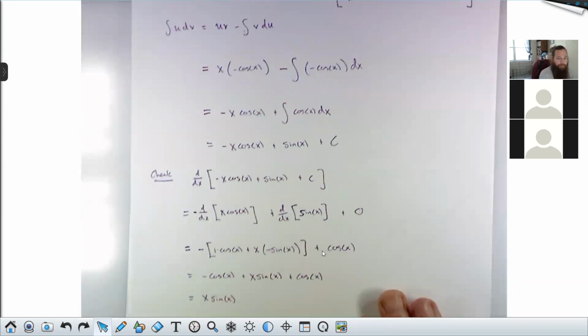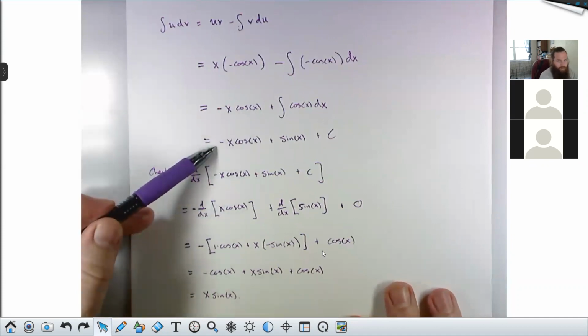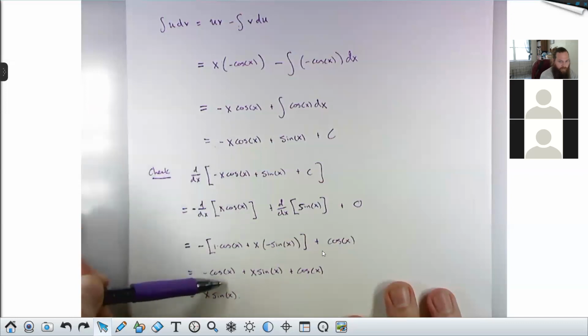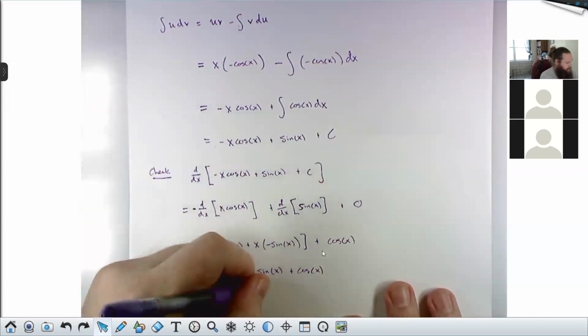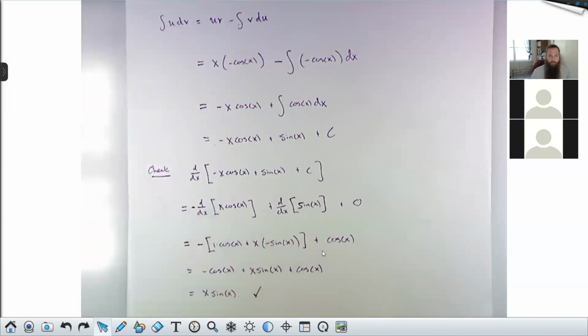So were we correct? Yes, we were, right? The thing we thought was the antiderivative for x sine x is indeed the antiderivative for x sine x. But if you want to check your integration, differentiate, right? That's what the fundamental theorem of calculus says.